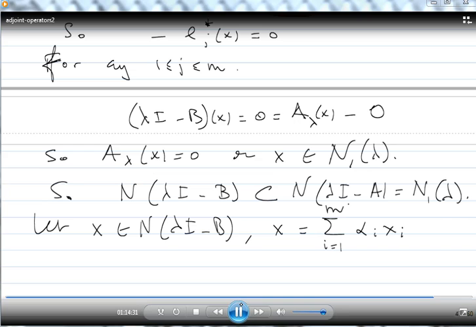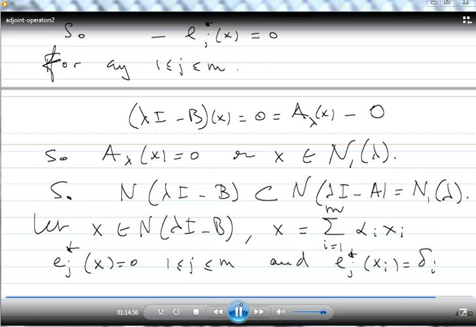But we just proved that ej star of x is equal to 0 for j between 1 and m, and ej star of xi is equal to delta ij.